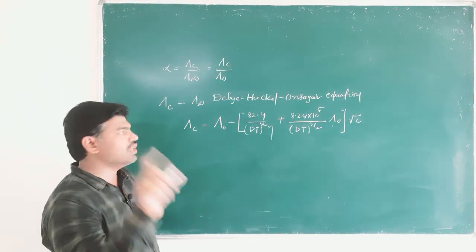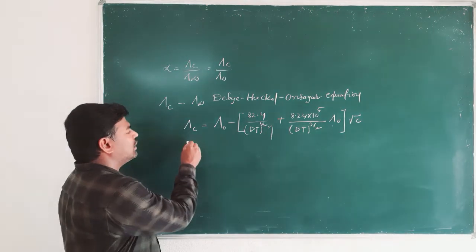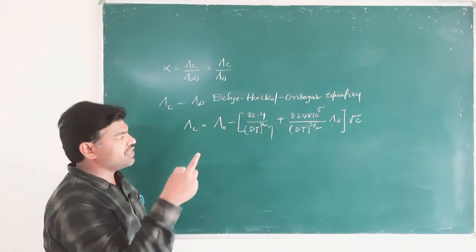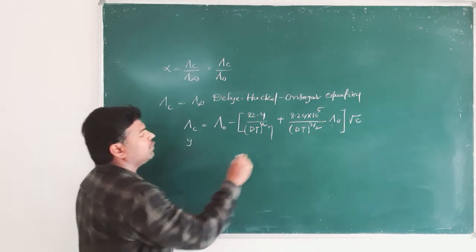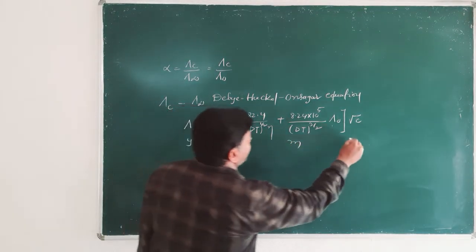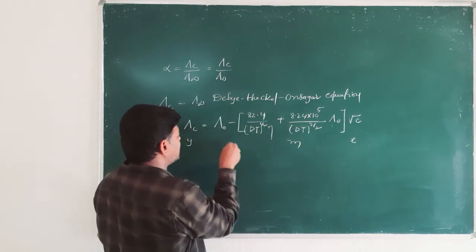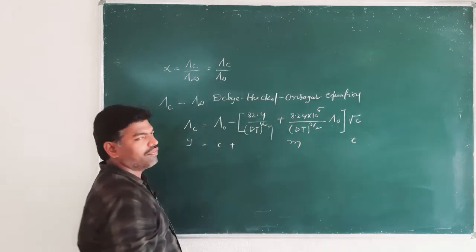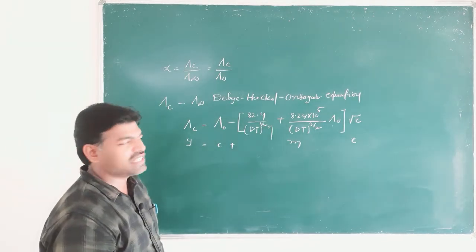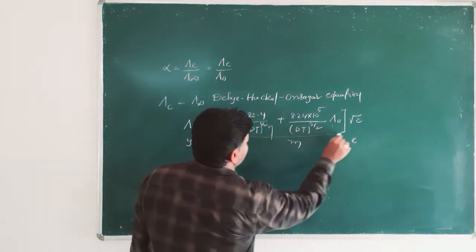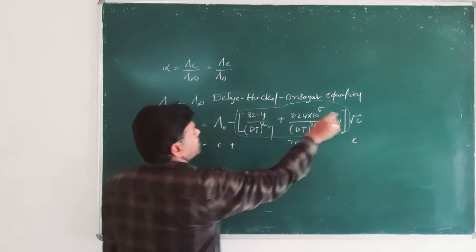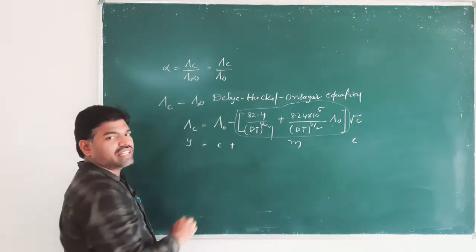Okay, if you observe this equation with your naked eye, it is in the form of y is equal to mx plus c, where x is root c and c is lambda naught.